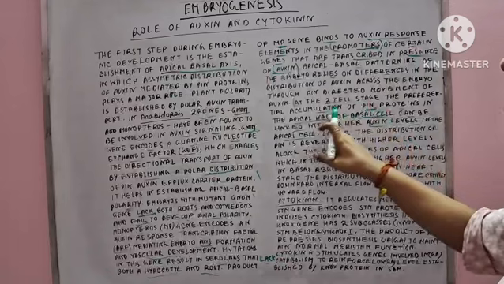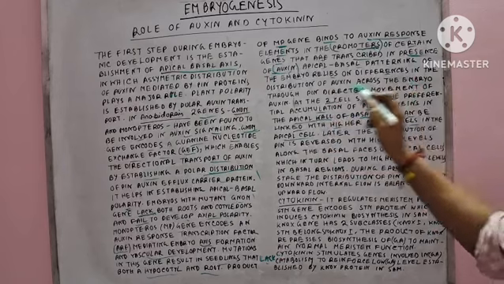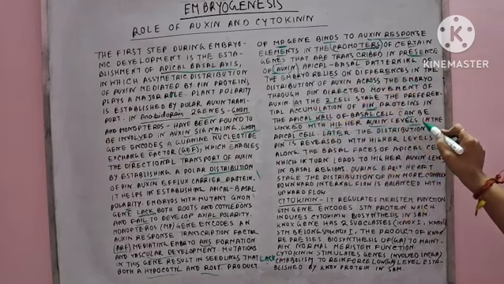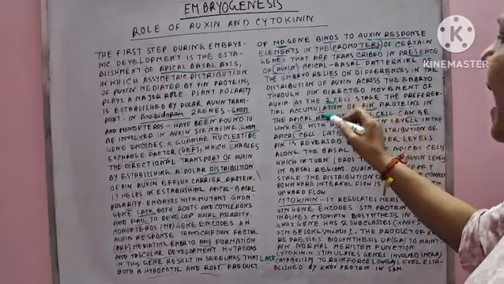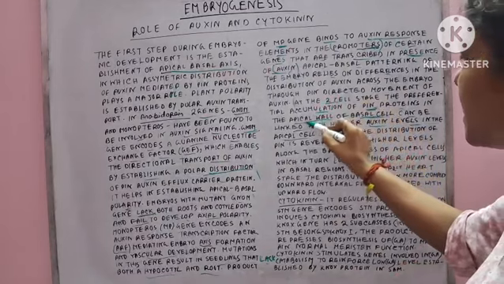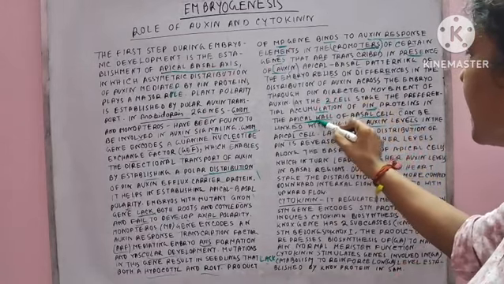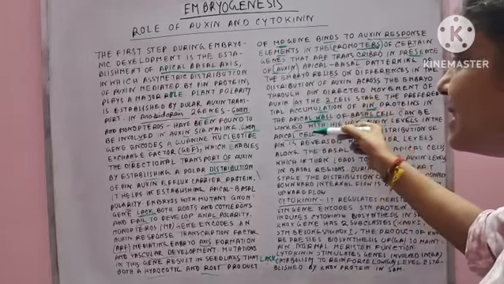In the apical wall of the basal cell, and that is linked with the higher auxin levels in the apical cell. That means the PIN protein accumulates in the apical wall of the basal cell, and that's why the auxin level rises in these cells.